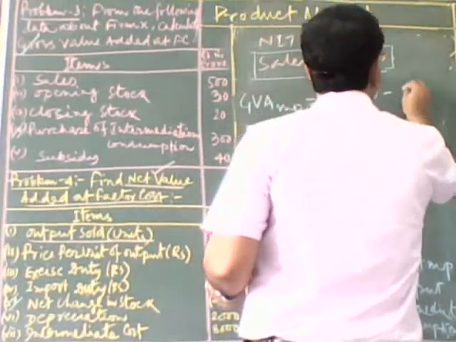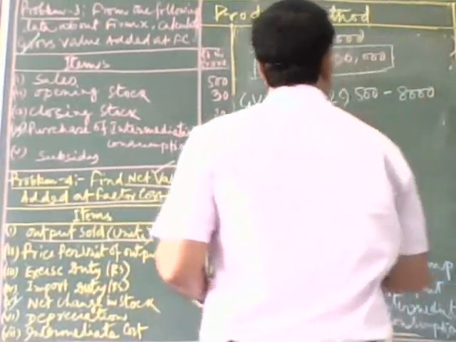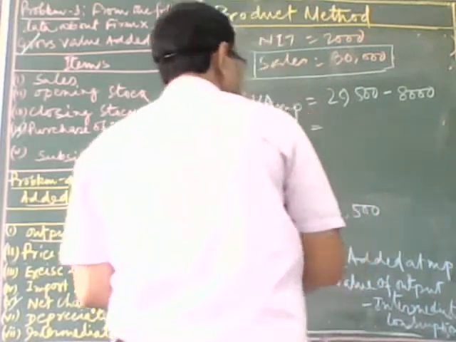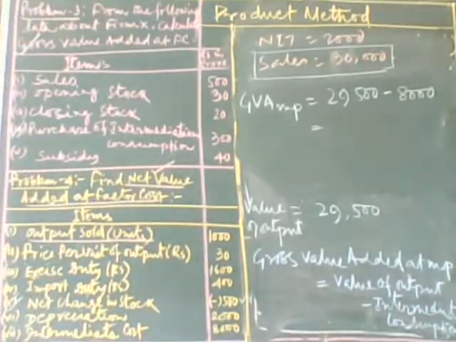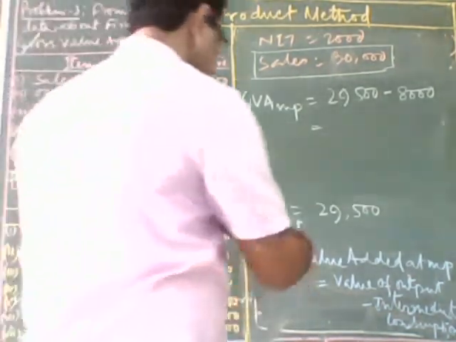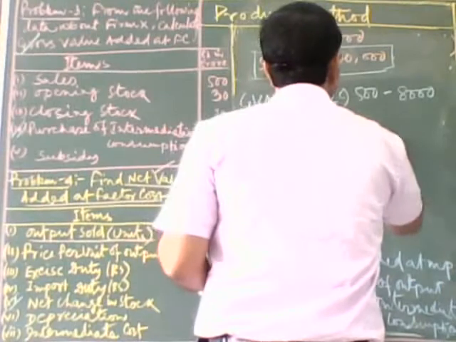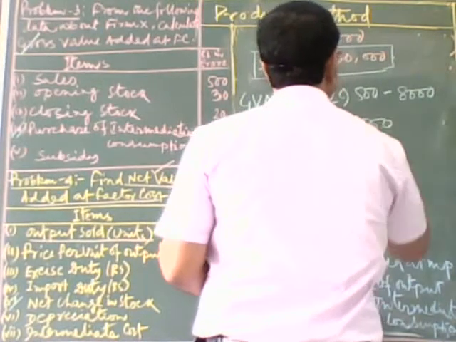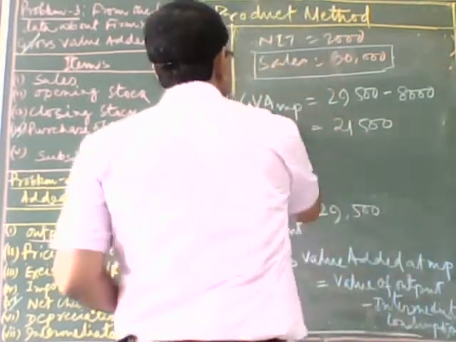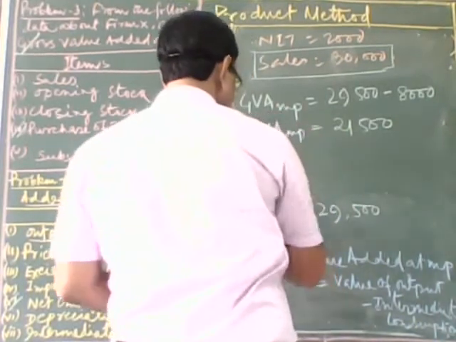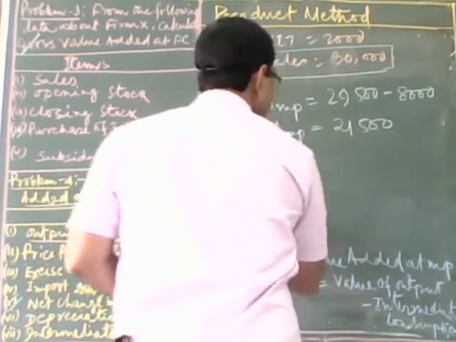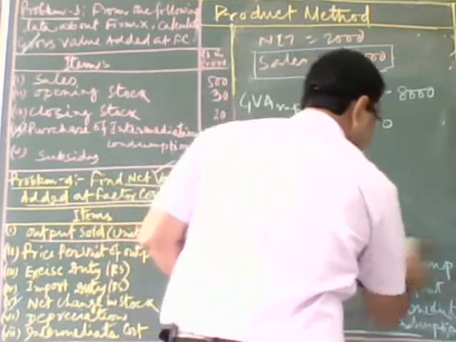You have to put the value 8,000, is equal to 21,500. So GVA at market price is equal to 21,500.